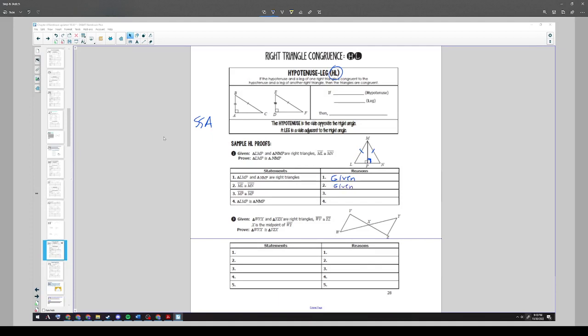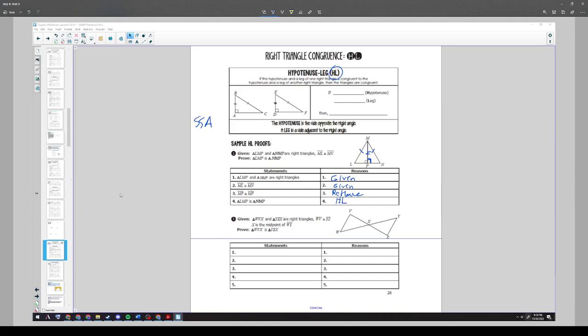I guess we don't need a step that's like definition of hypotenuse. The next one, MP is congruent to MP. We keep seeing that. That's reflexive. And then this would be HL, or hypotenuse leg, as our argument for why they're congruent, because we know they're both right triangles. They have a congruent hypotenuse and a congruent shared leg.